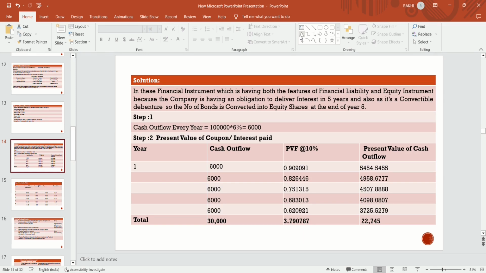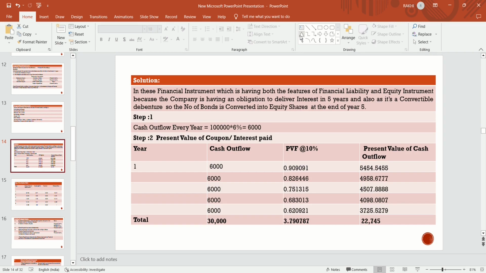So it should be treated as a financial liability because it is an obligation to deliver cash. It also has an element of mandatory conversion, like convertible debentures into shares, which should be converted into shares at the end of 5 years.